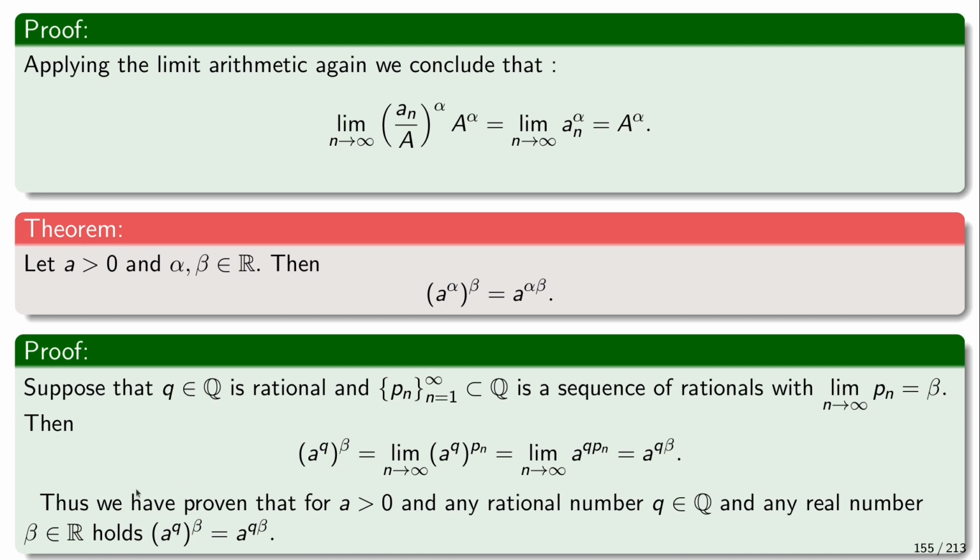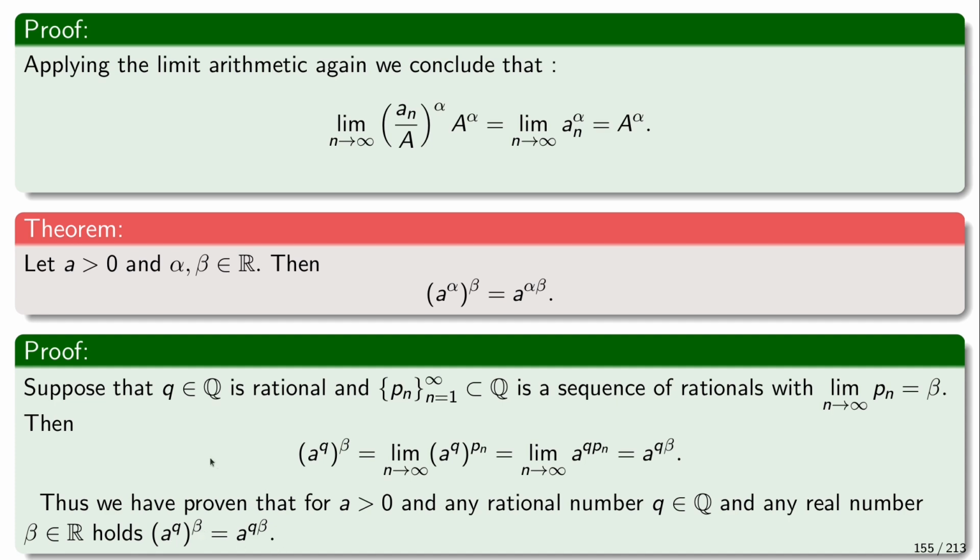And now we're going to use what we've proved here as a lemma for the next step. So we have proven that for every real positive a, for every rational number q, and any real beta, a to the power of q to the power of beta equals that.